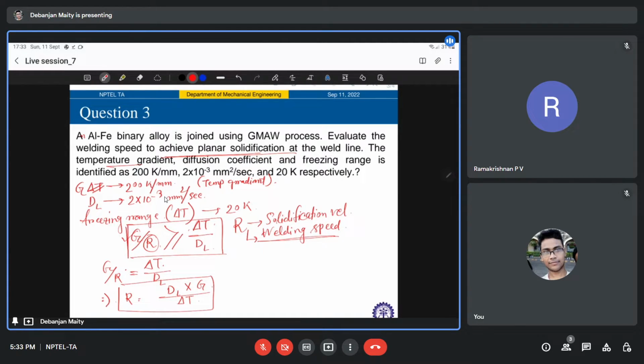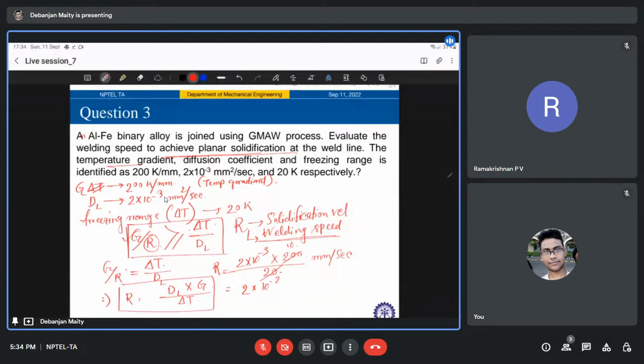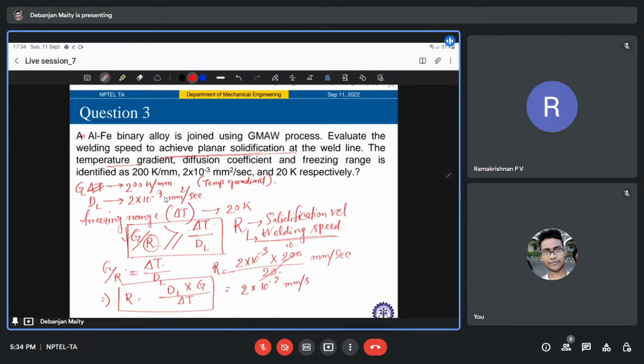So from here, what will be the solidification velocity? My DL is given as 2 into 10 to the minus 3, that is in mm square per second, that into 200 Kelvin per mm, and that divided by 20. So this will be coming as 2 into 10 to the minus 2 mm per second.